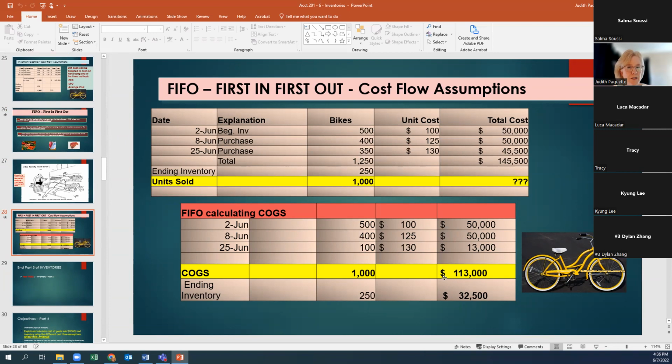And that is the calculation of cost of goods sold using first in, first out. And whatever's left over is still in that third layer, 250 at 130 to get to 32,005.